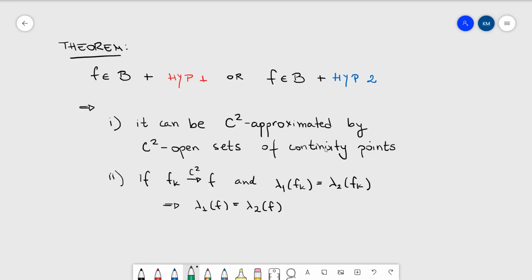So it's a partial result of what I want. And the second one says that for this map with this hypothesis, Bochi-Mañé does not happen. So what are these conditions that are appearing here?